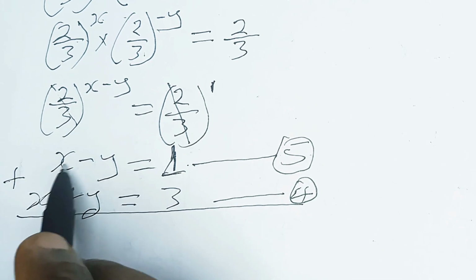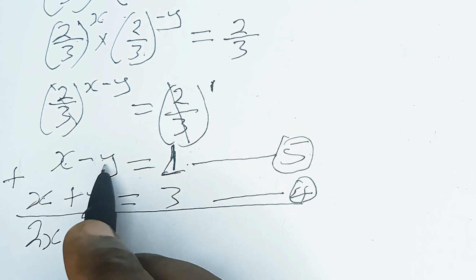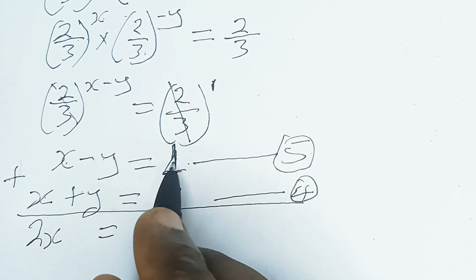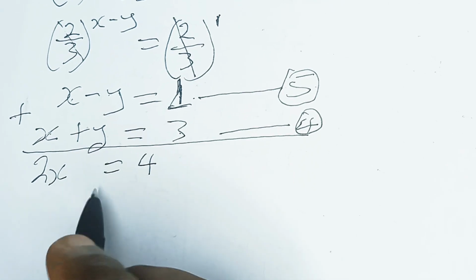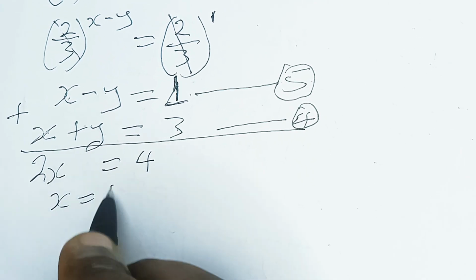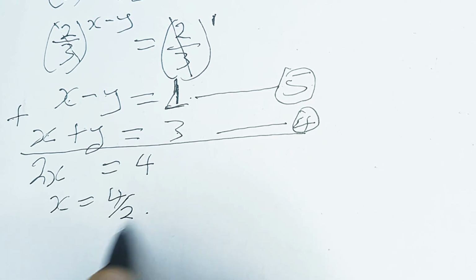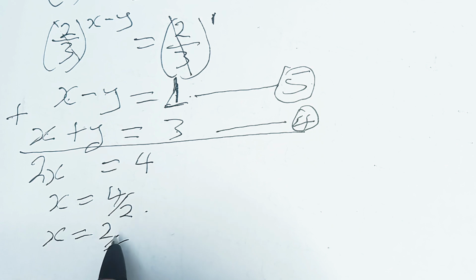Adding the equations, x plus x, we have 2x, minus y plus y, that's 0, 1 plus 3 should give us 4. So to get our x here, we divide both sides by 2. So x is equal to 4 divided by 2, and therefore x is equal to 2.